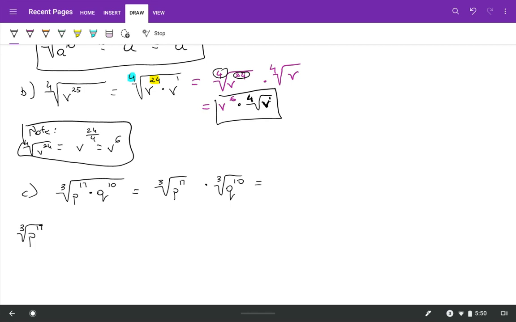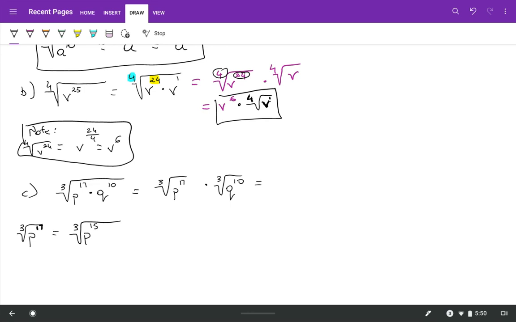So this one definitely we can simplify because you see the power inside of the radical is greater than the index, which is 3. So how do you want to rewrite that? You want to rewrite p to the power of 17 as, let's see, division, let's do p to the power of 15. Why do I pick 15?